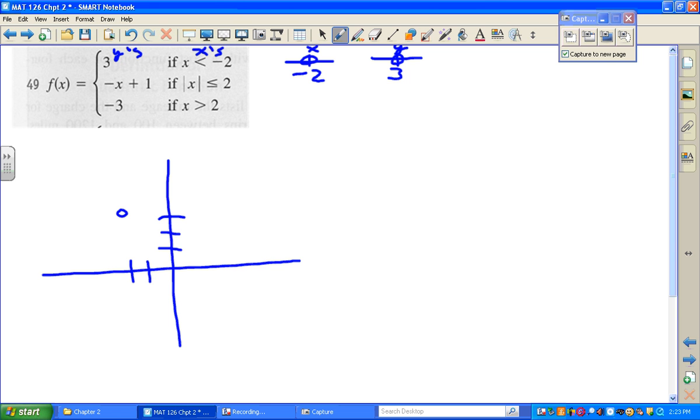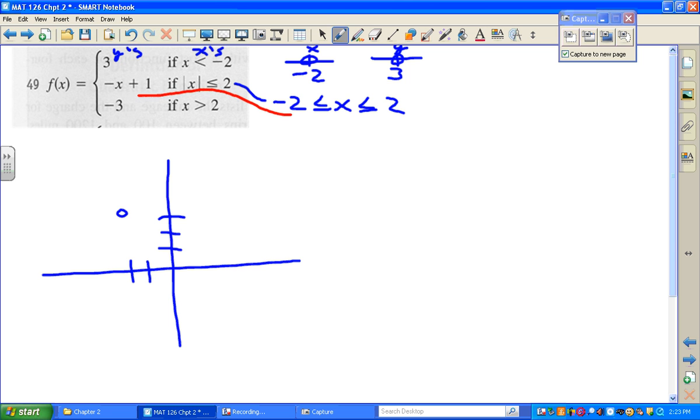Right here, this is a fancy way of saying -2 less than or equal to x less than or equal to 2. It has the absolute value there. That gives you two closed circles with the x coordinates of -2 and 2. What are the y values if x is -2? What do you put in the equation?